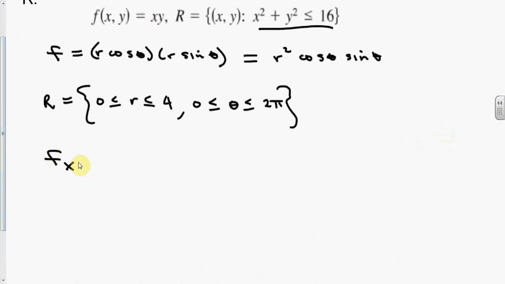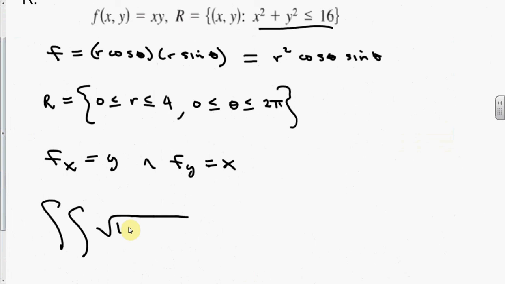You may want to do this. The partial of f with respect to x is y, and the partial of f with respect to y here is x. I'm going to show you a trick. This is the square root of 1 plus x squared plus y squared times r dr d theta. r goes from 0 to 4.